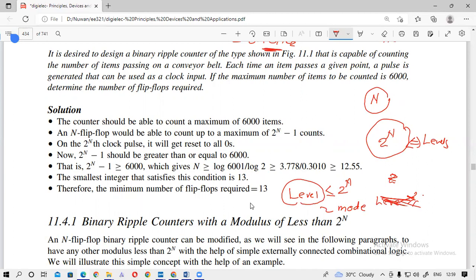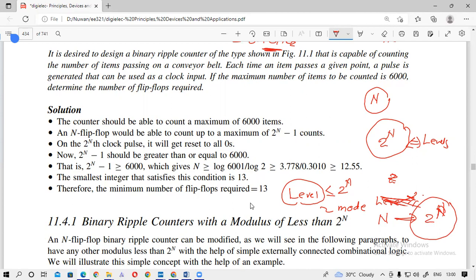So the number of levels, or modulo, for an n-bit ripple counter is 2 to the power n. It is clear now. We can get 2 to the power n levels if we have n flip-flops.